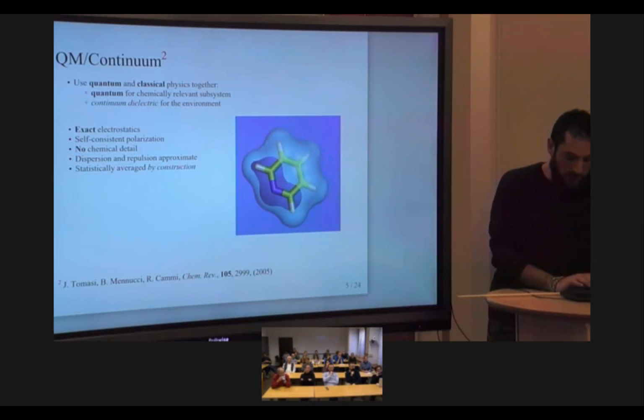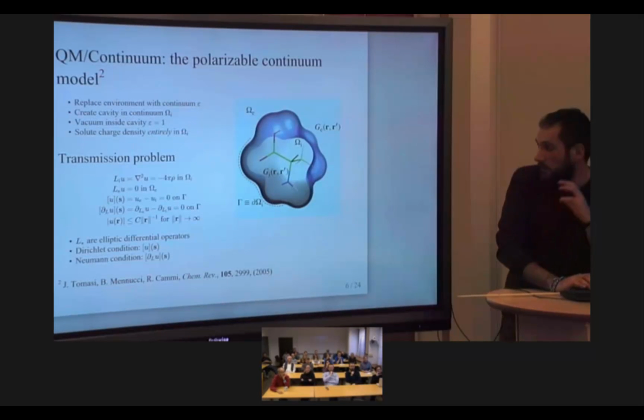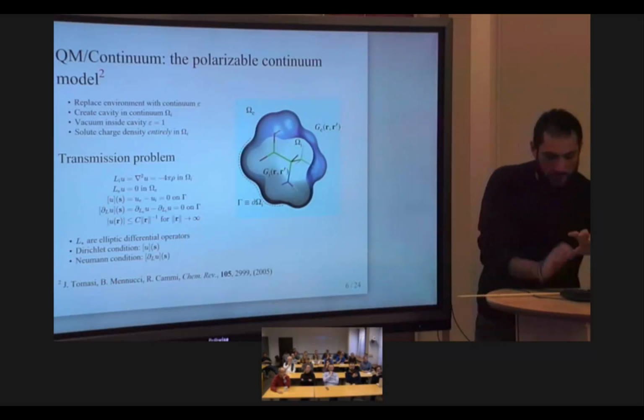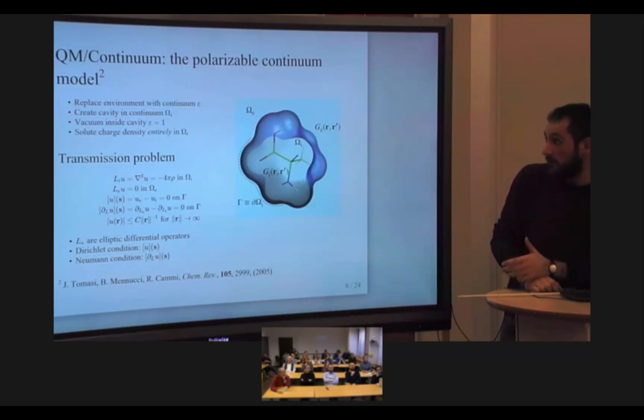And of course, we get self-consistent polarization as described by the Poisson equation. So mathematically, how do we deal with this? So we imagine that we have a molecule inside the cavity in the continuum, and this molecule is a source of classical Coulomb interaction. So it's just modeled as a charge density, and it can either be a QM charge density or a classical charge density.